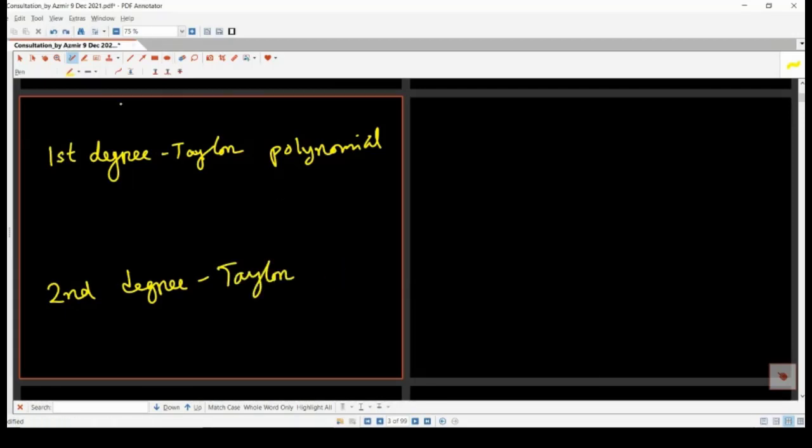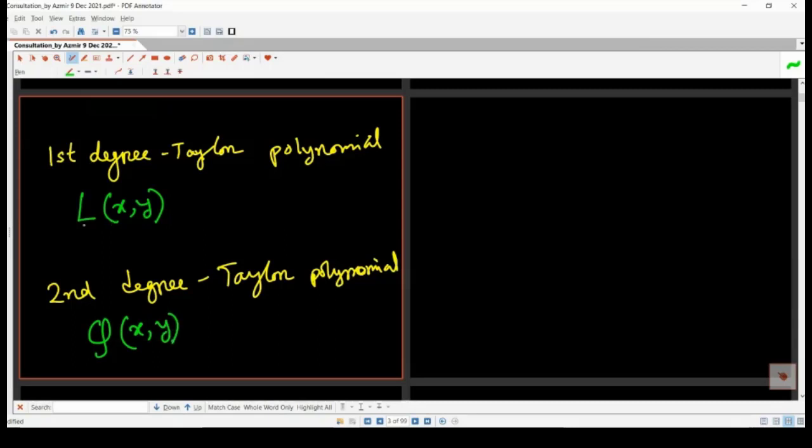The first degree Taylor polynomial is known as L of x comma y, and the second degree Taylor polynomial is known as Q of x comma y.